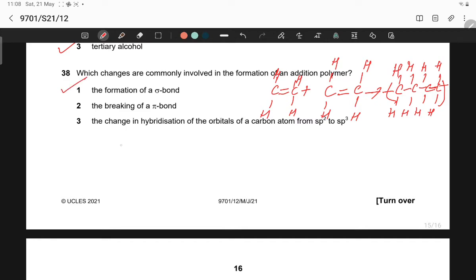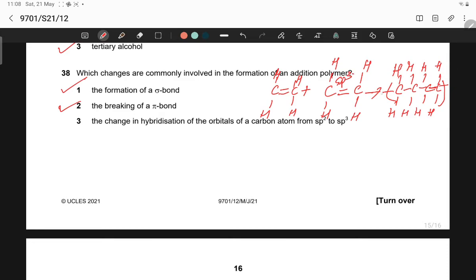It is correct. Breaking of pi bond. This is breaking of pi bond. This is also correct. The change in hybridization of the orbitals of a carbon atom from sp2 to sp3. Over here it is sp3 hybridization.